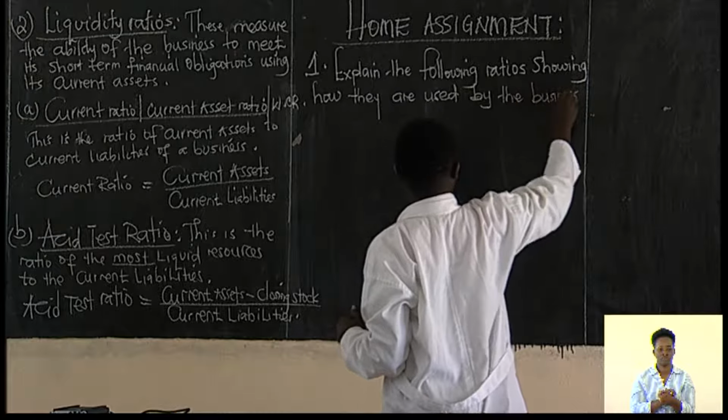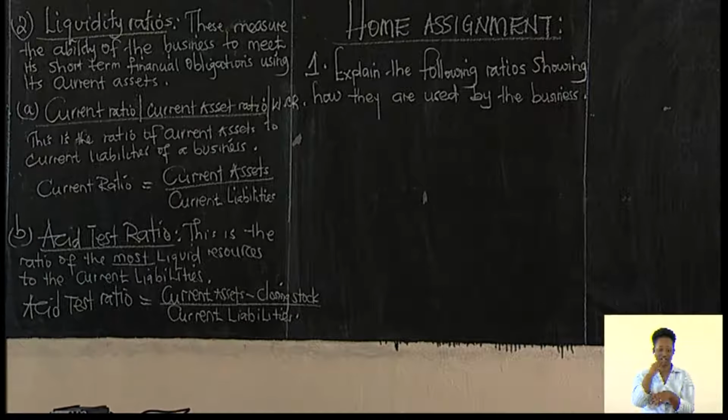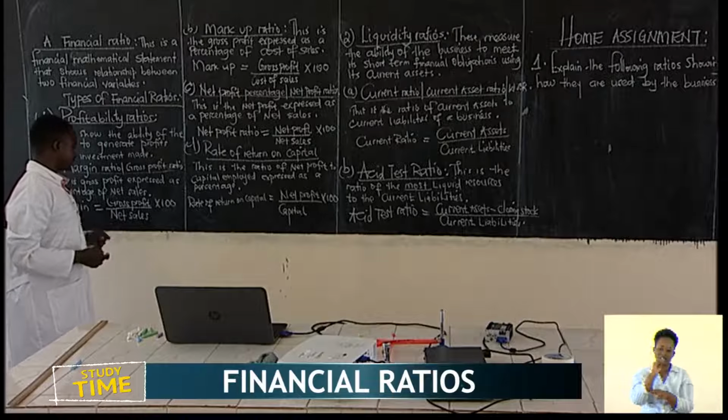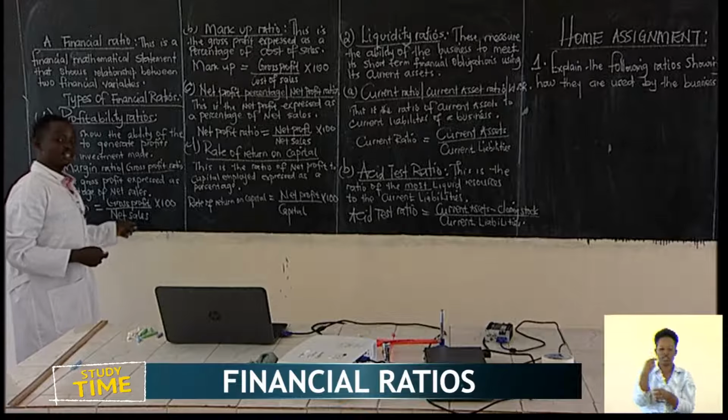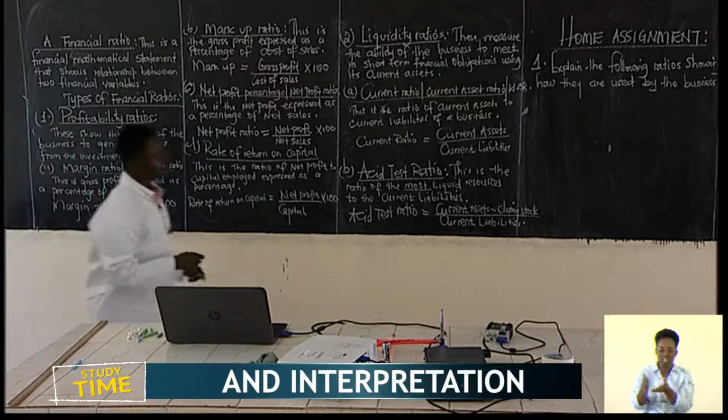In this case, when you explain the profit margin, tell me what it measures. I expect you to find out that, like the profit margin, it shows how much gross profit each unit sold generates. Each unit sold generates how much gross profit.